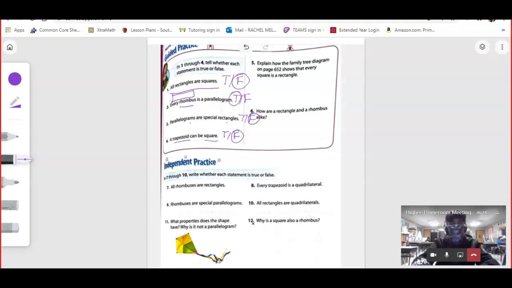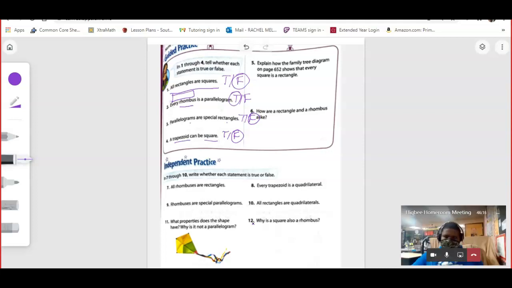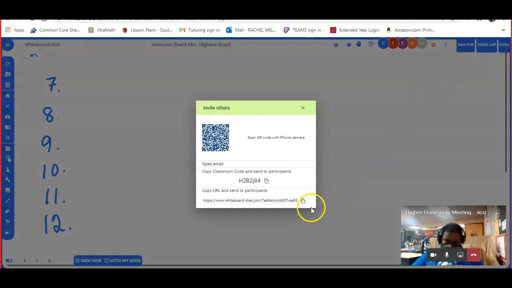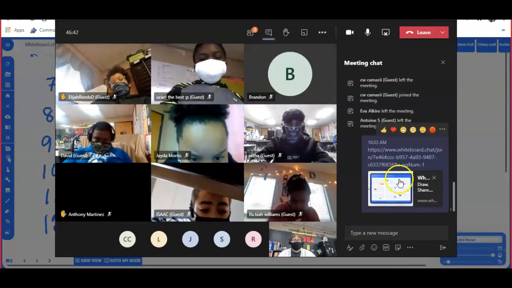Miss Higby, yes. It's telling me for my password? You shouldn't have to have a password. There's no reason to put in a code. You shouldn't need a code, guys. But let me put this in here again.